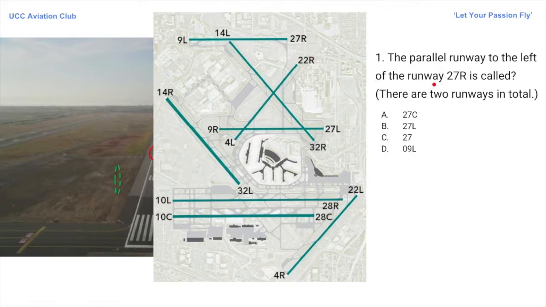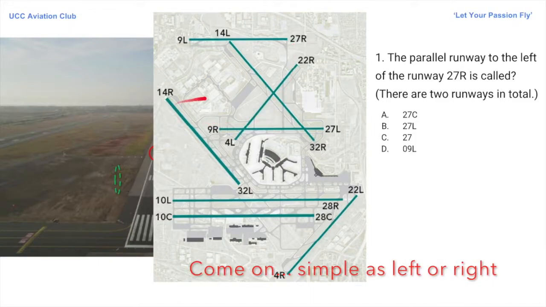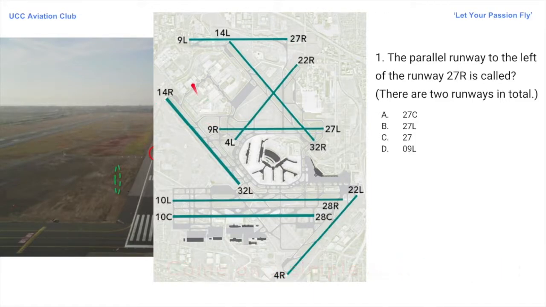Remember, when you're looking from the right towards the left, you see this runway is on the left and that runway is on the right. What if you are seeing from the left? Then you will be seeing runway 9 left and 9 right. So the left and right actually change respectively.